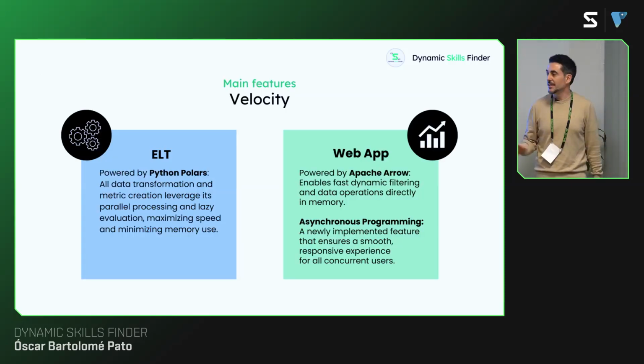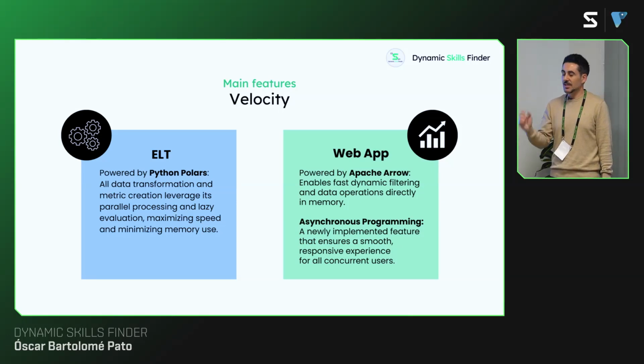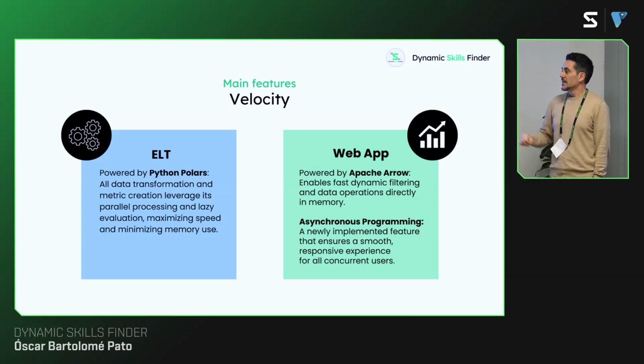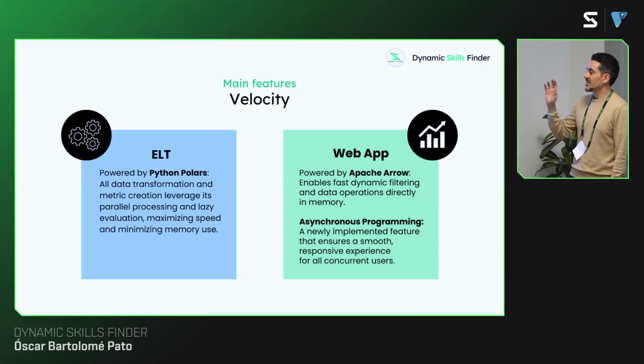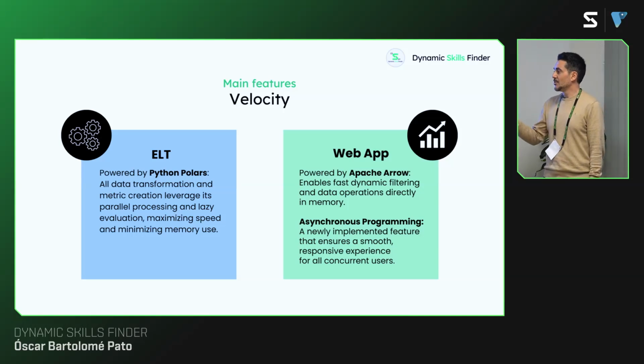Okay, before we see the app in action, I would like to highlight some technical features that make this platform powerful. And the first one is the velocity. On the ELT side, for every data transformation or metric creation, I've used Python Polars.